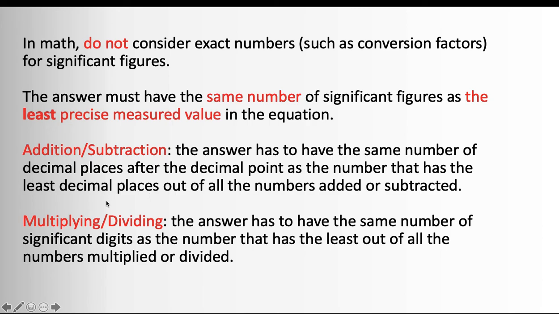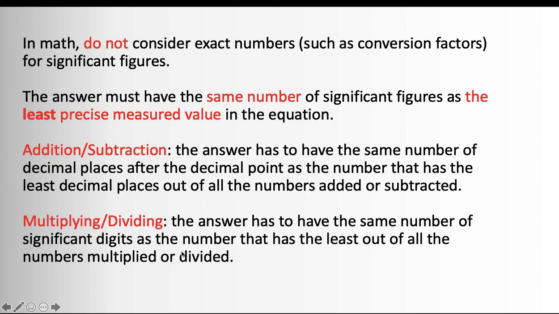So let's say if I have 3.7 plus 3.75, my answer cannot have any more digits after the decimal place as 3.7 does. 3.7 has 1, 3.75 has 2, so my answer cannot have 2 digits after my decimal point. It can only have 1. And I have a bunch of examples in the next few slides that will illustrate this.